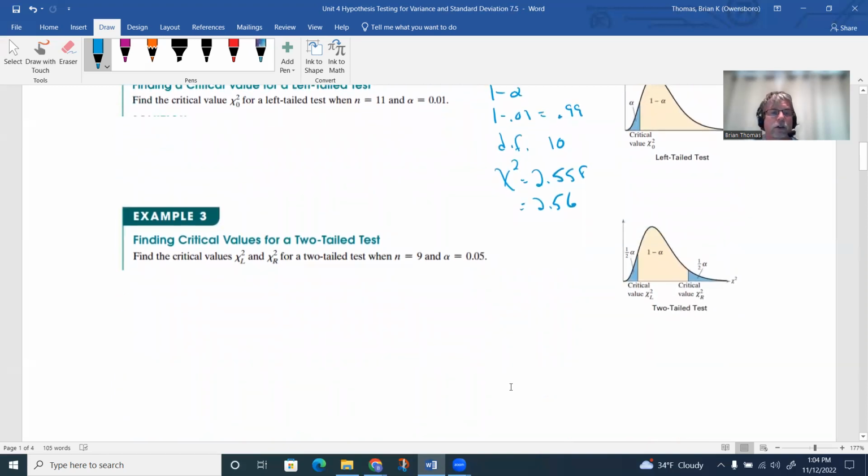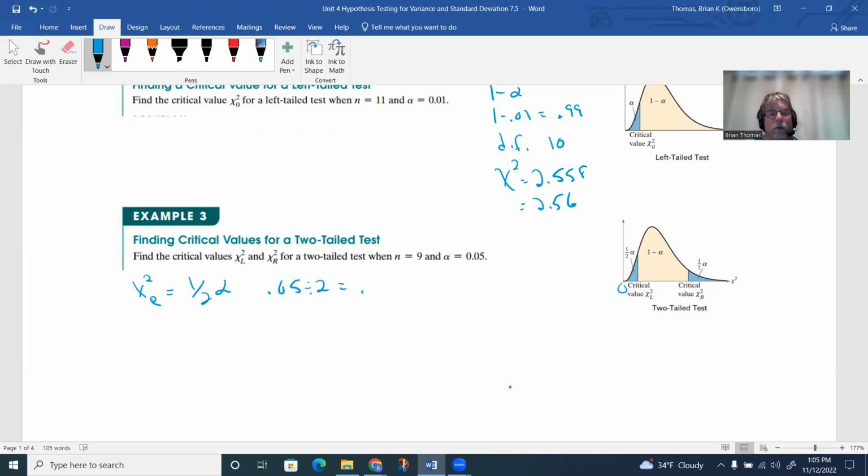So lastly, we have a two-tailed test. So we now have chi squared left, chi squared right. Notice that chi squared left is going to be the closest one to 0. Chi squared right is going to be the furthest one away from 0. If I want to find chi squared right, that's just going to be half of alpha. So if alpha is 0.05, we have to divide that by 2 to use the table.